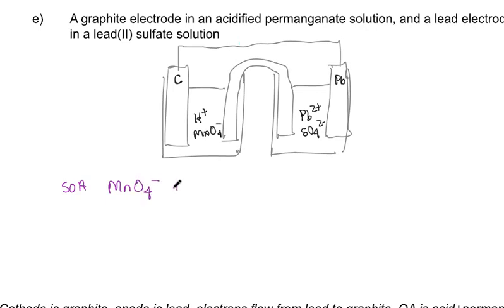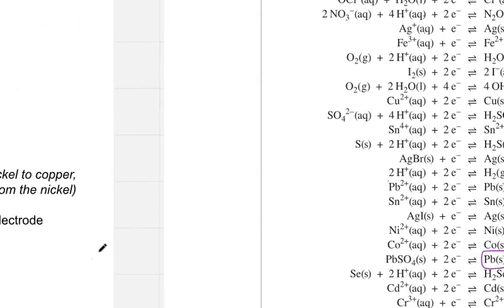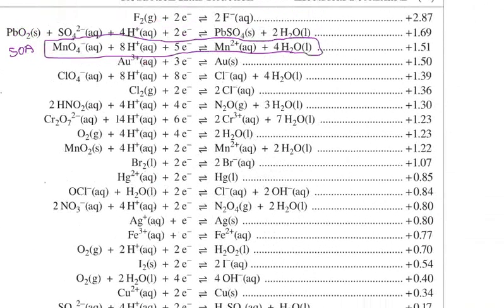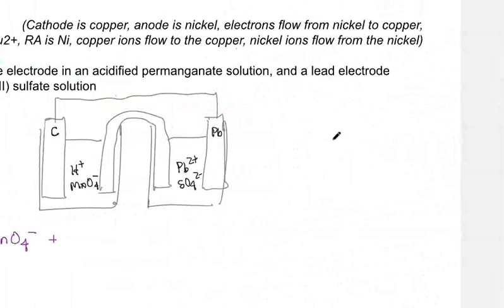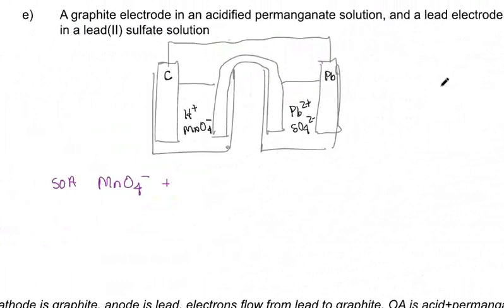MnO4 minus plus, I forget the numbers for this one, 1.8514. 8 hydrogen, 5 electrons, and that makes 1 manganese 2 and 4 water.